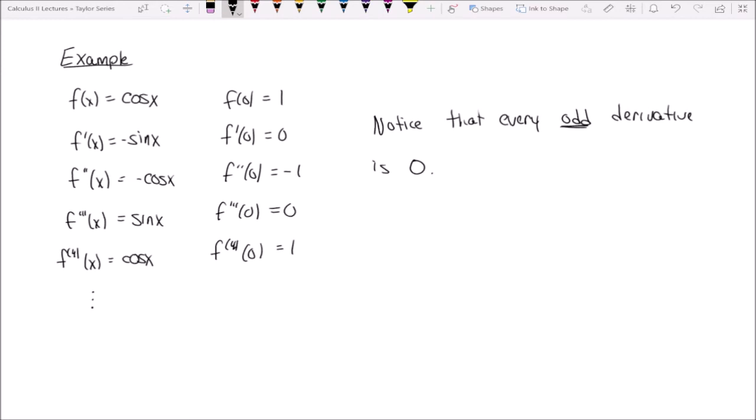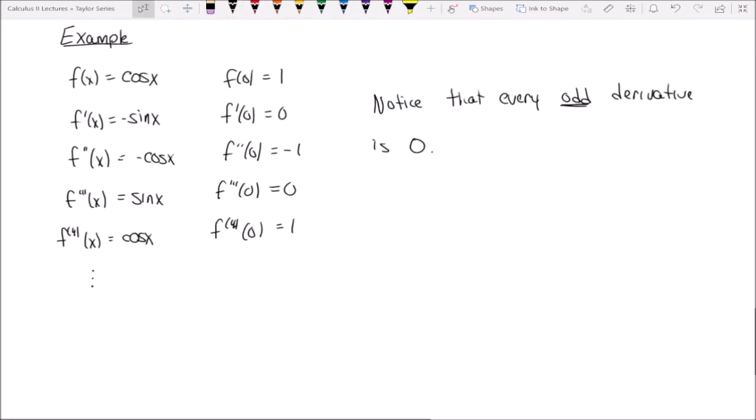So the odd terms contribute nothing to the series. So what we're going to do is say, okay, let this be term 0, let this be n equals 1, let this be n equals 2, so on and so forth.